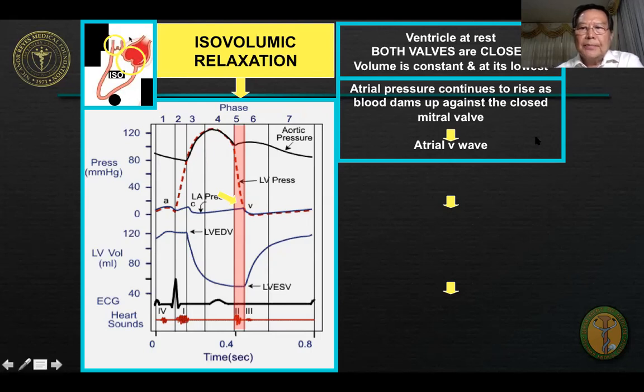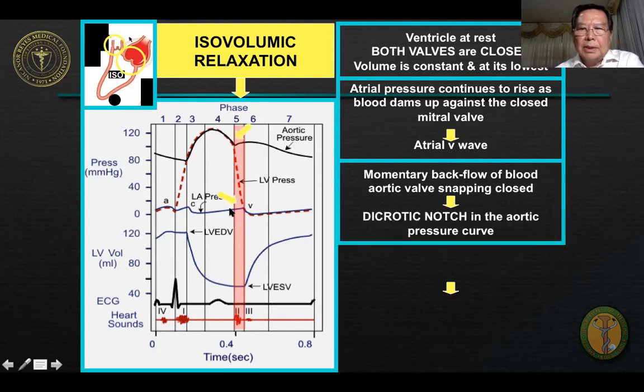And in this particular portion, you see the inscription of your V wave, right? Now, there is momentary backflow of blood, and there is an aortic valve snapping once it closed, and this would result in your dicrotic notch in this particular area, right?